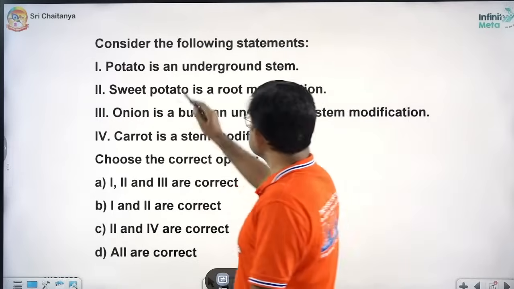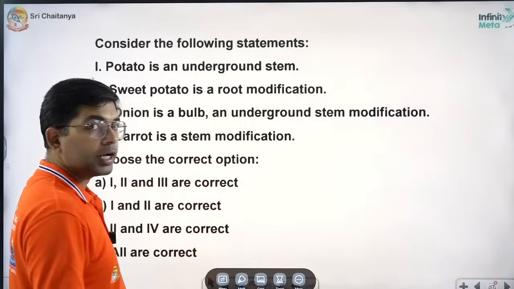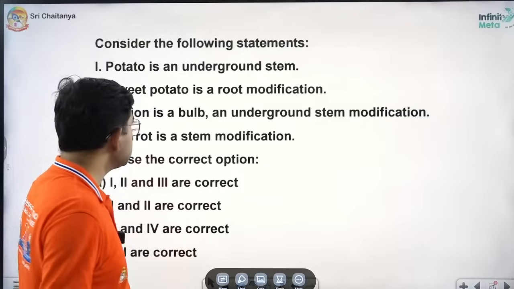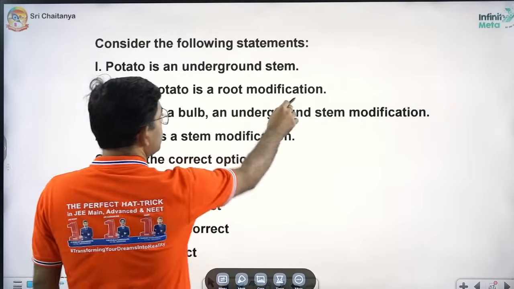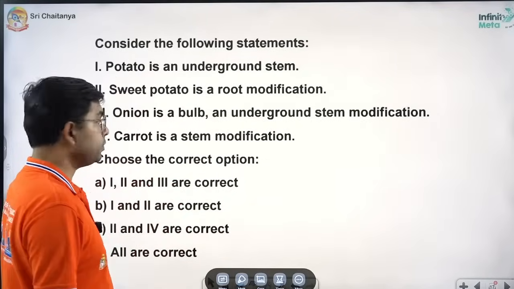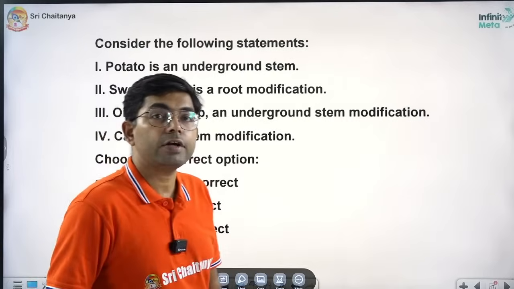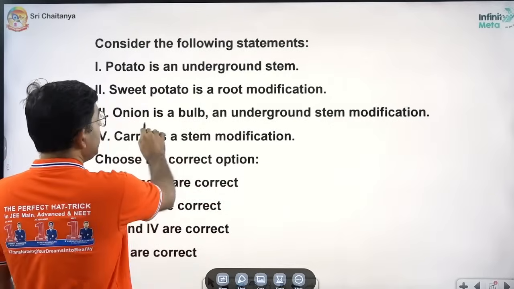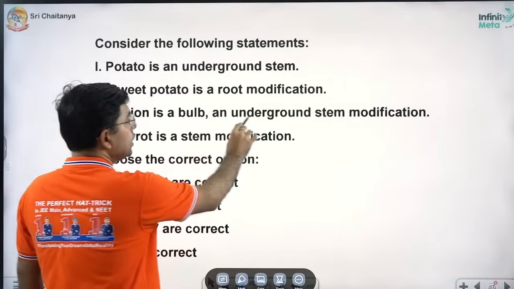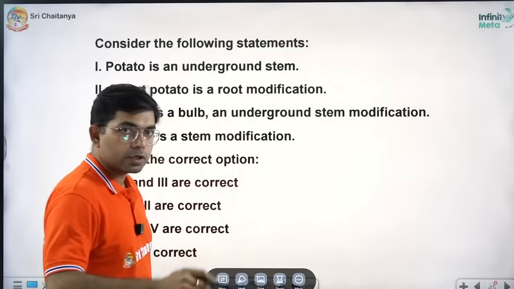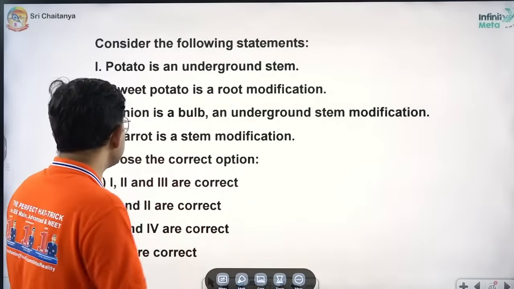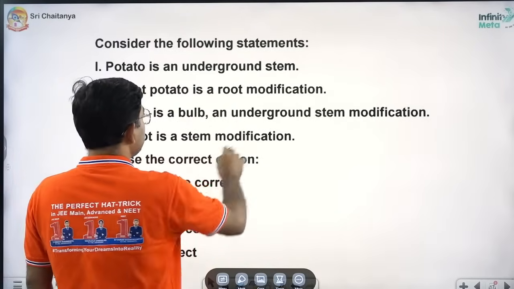Then potato is underground stem. Yes. Sweet potato is root modification. Correct. Sweet potato is which root modification? Adventitious root modification. Onion is bulb and underground stem modification. Yes, onion is bulb, underground stem modification. Carrot is a stem modification.